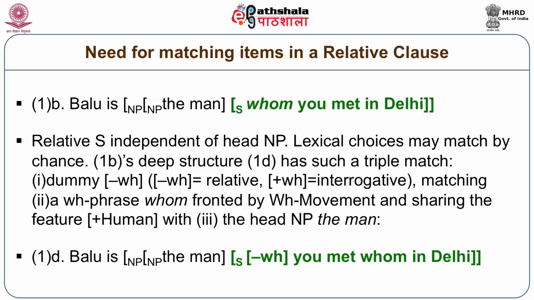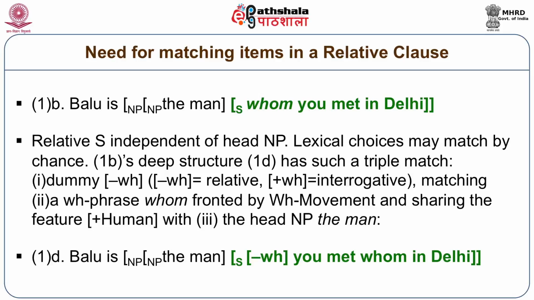Now consider a derivation in which "Balu is the man who you met in Delhi" is at the deep structure stage. Obviously, "whom you met in Delhi" is in the surface structure order; whom has been moved to the front of that clause by WH movement. Relative clauses and interrogative clauses both apply WH movement.